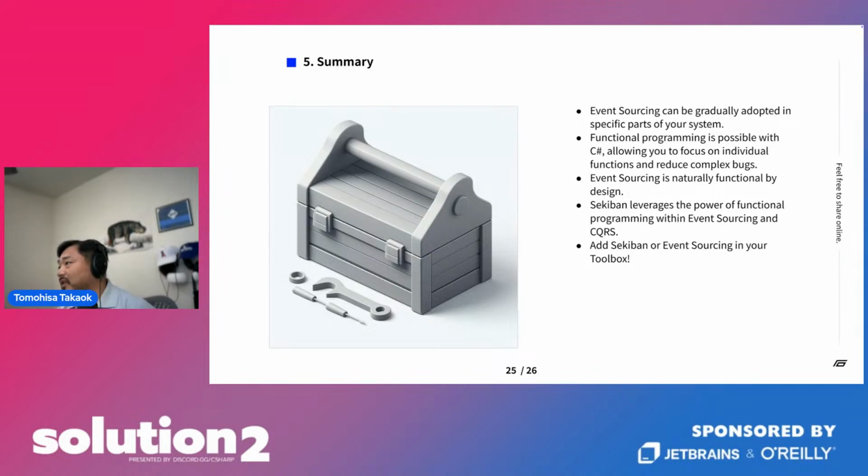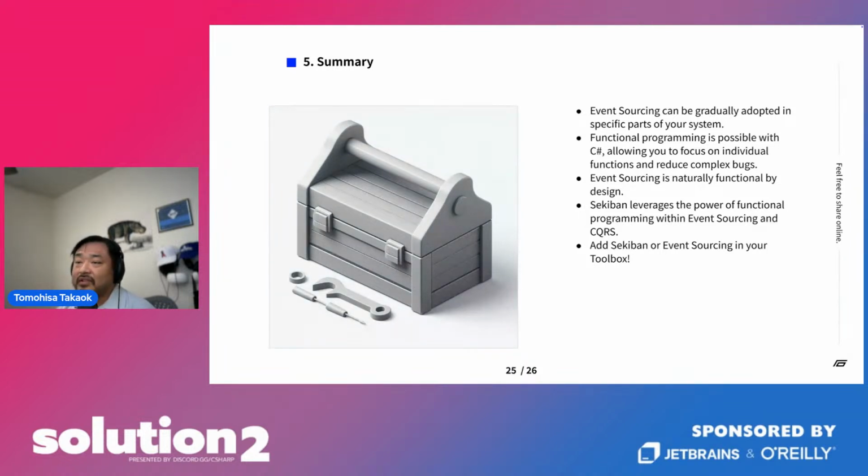Functional programming is possible with C#, allowing you to focus on the individual function and reduce complex bugs. And event sourcing is naturally functional by design, so it's easy to do that. And Sekiban leverages the power of functional programming within event sourcing and CQRS.